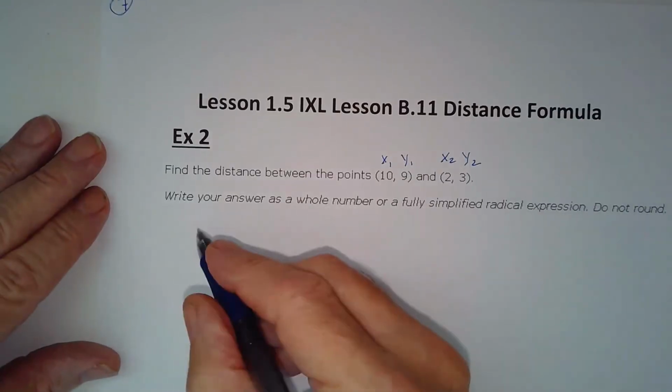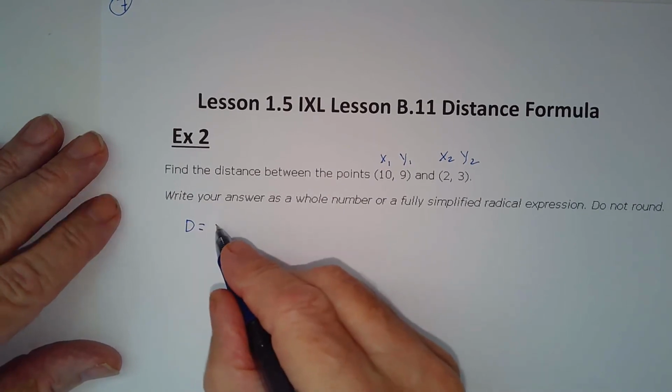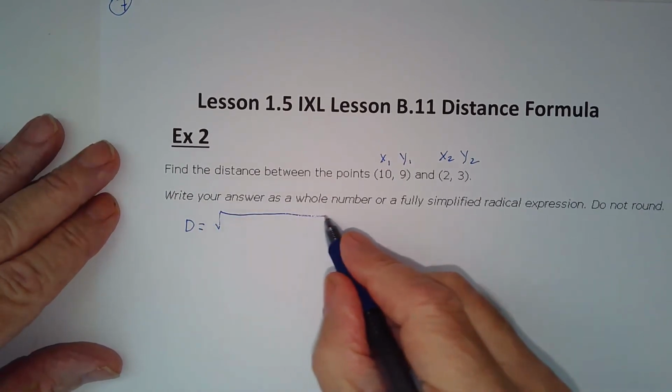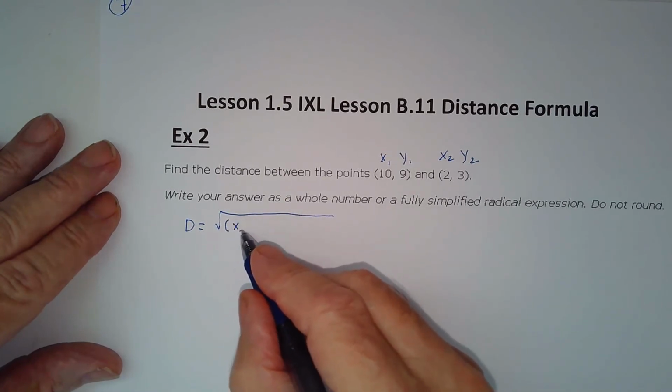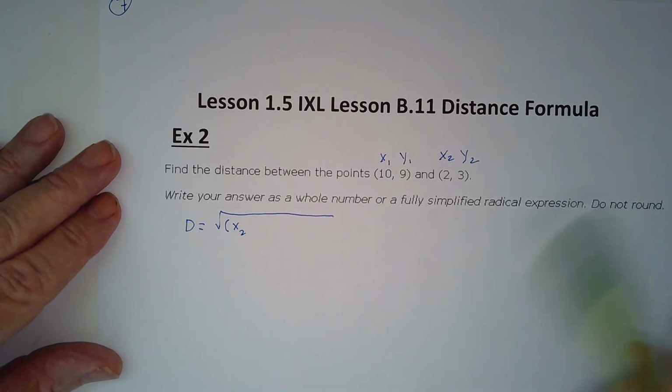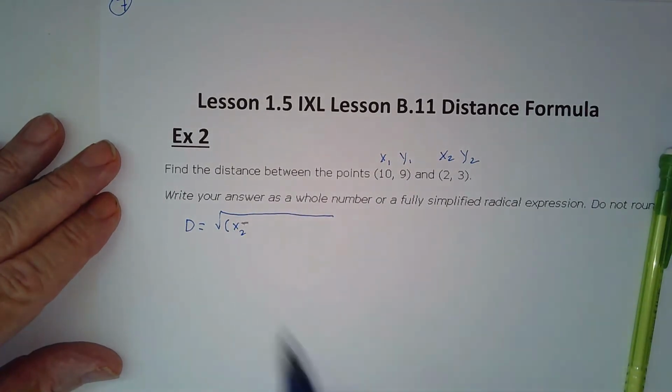All right, so now I'm going to do the same thing that we did before. Distance equals the square root of, so you need to write that formula out. So it's parentheses, x sub 2, and I'm going to again put this negative sign in pencil, and then x sub 1.